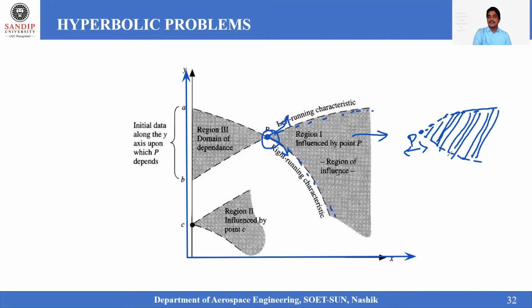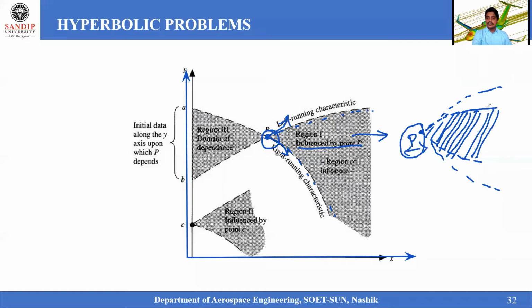That region is called the region of influence. If the complete flow variables are dependent on the point P, then that region is called the region of influence, the region influenced by this particular point P. If the point P variables are varying in space coordinates, then my characteristic lines may also vary accordingly.